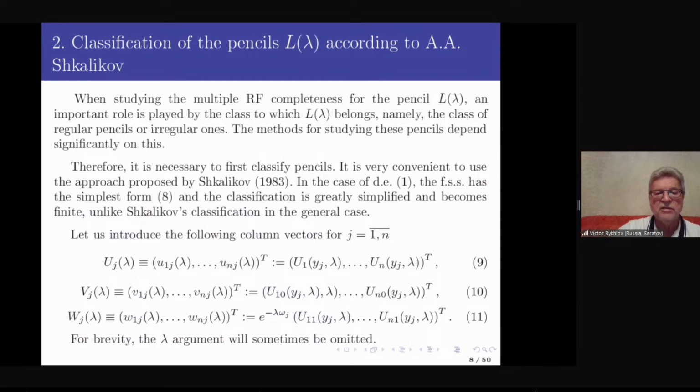Let us introduce the following column vectors from J from 1 to n connected with the boundary conditions. Vectors 9, 10, 11. For brevity, the lambda argument will sometimes be omitted.